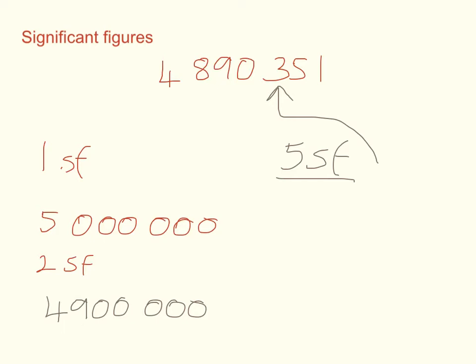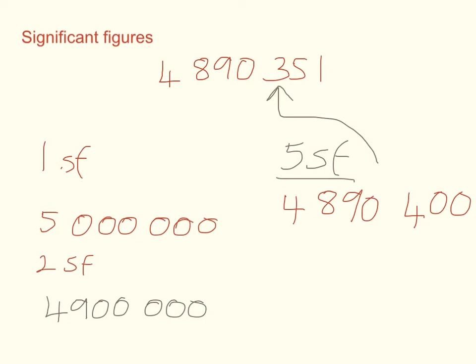So I'm going to ask myself, which hundreds is it closest to? 4,890,200, 4,890,300, 4,890,400. And hopefully you realise it's closest to 4,890,400, because 350 is in the middle, and the 400 is the one that it is closest to in this case.